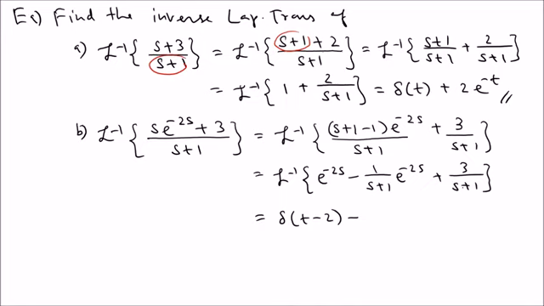That means e to the minus t. You replace t by t minus 2 and then multiply by the shifting function as well. So it is e to the minus t, replace t by t minus 2, multiply by u of t minus 2, and the next one is simply 3e to the minus t. So that's the kind of idea.